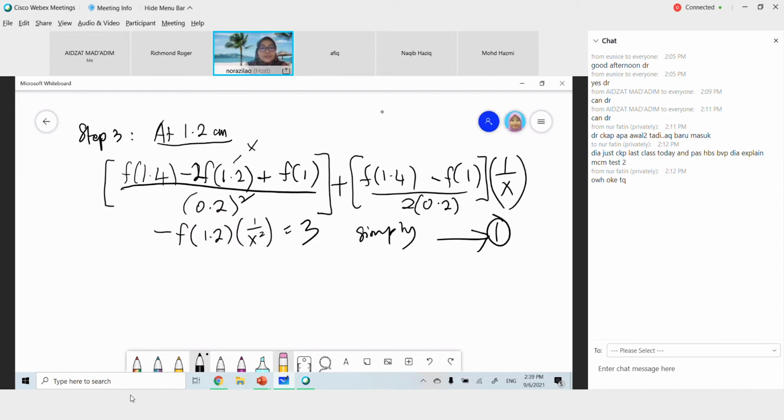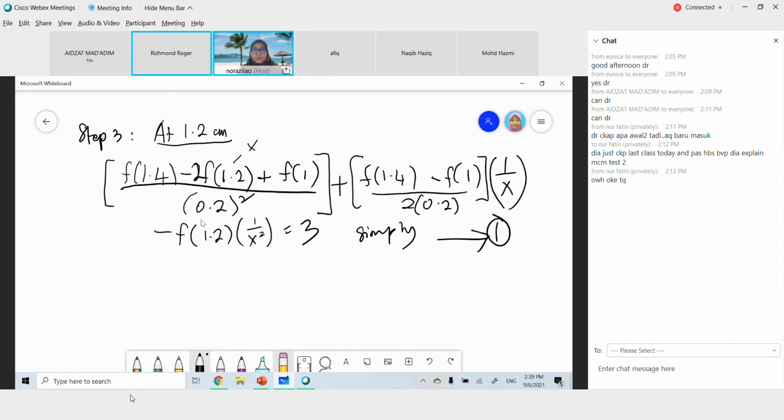Ini challenging sikit. Okay, yang mana non value? Where is the non value?